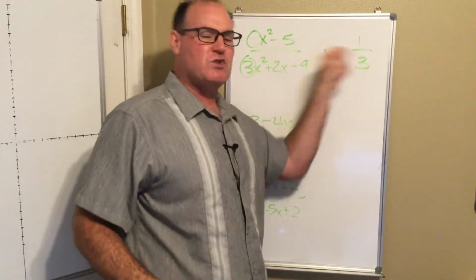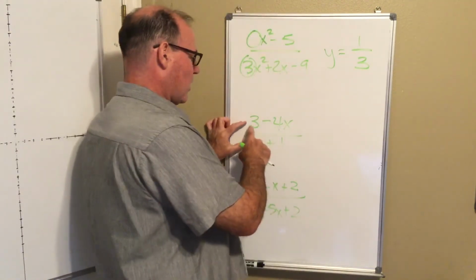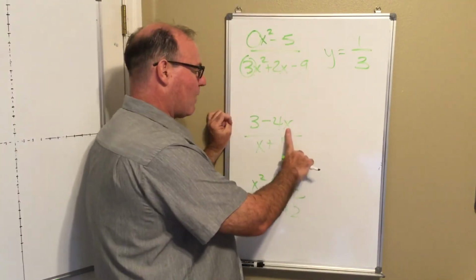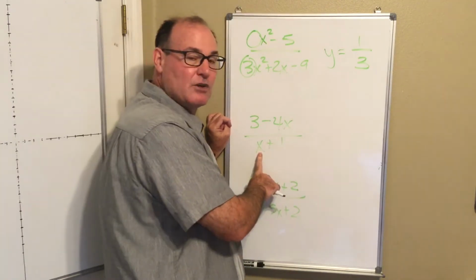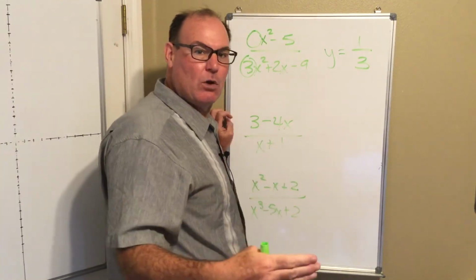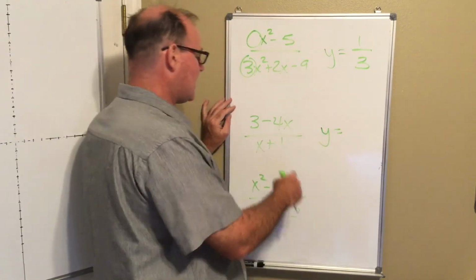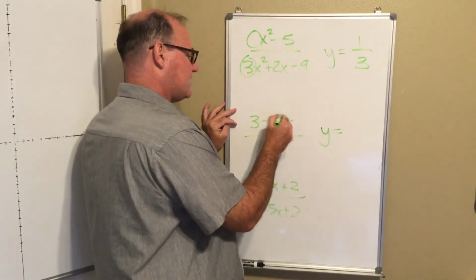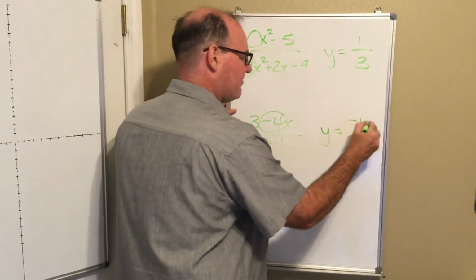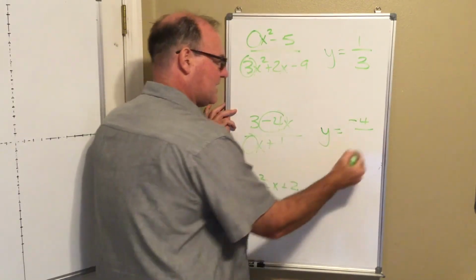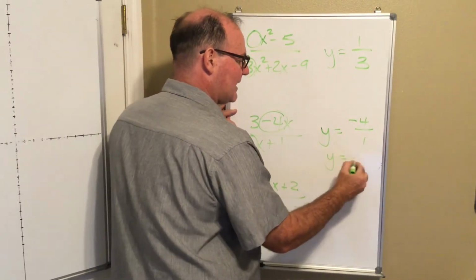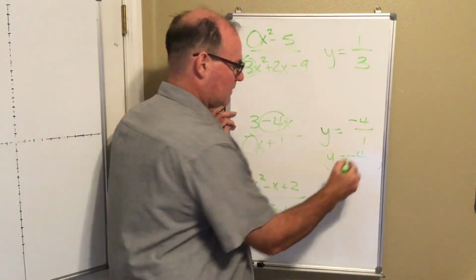So y equals 1/3 would be the horizontal asymptote. And then this one is the same situation. I've got a power 1 here, a power 1 here. So the degrees are equal. So the horizontal asymptote is going to be the ratio. This coefficient is -4, over this one is 1. So that is the line y equals -4.